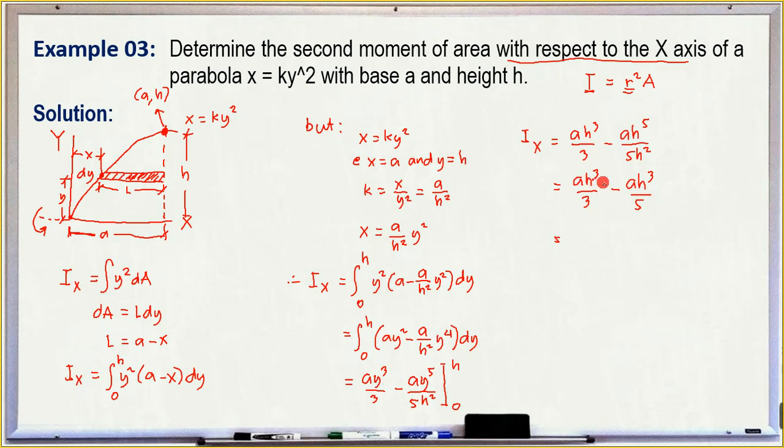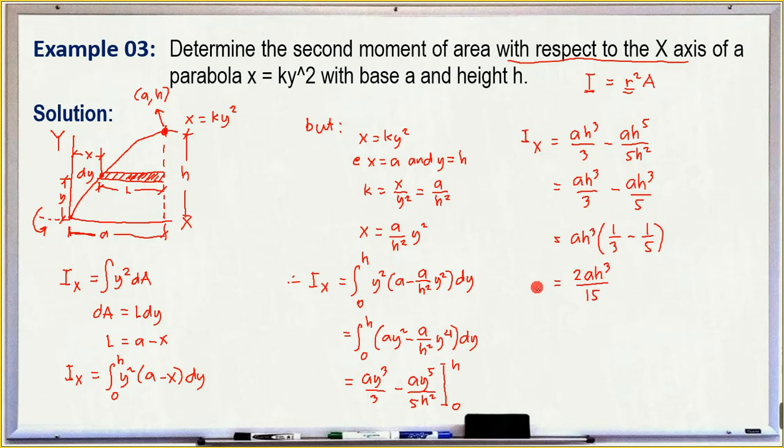Now they have the same numerator, a h cube. So we have a h cube times 1/3 minus 1/5. If we subtract this, the result is 2 over 15. So we have 2 a h cube all over 15.